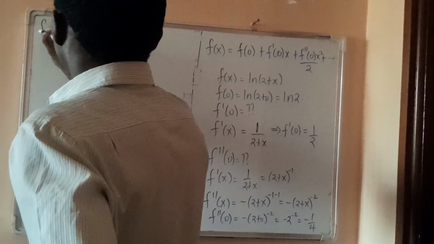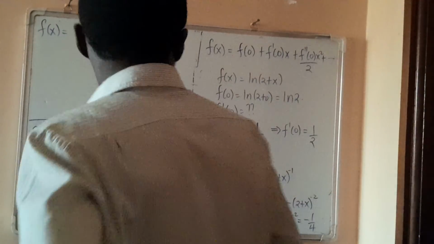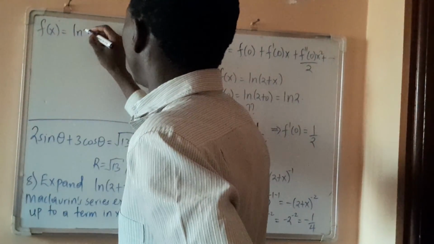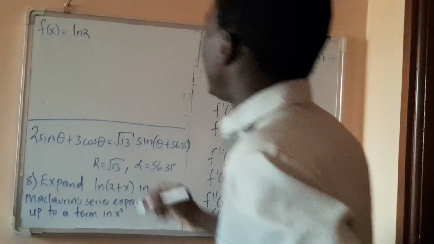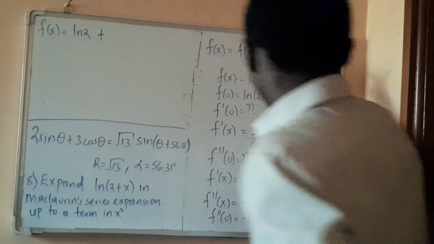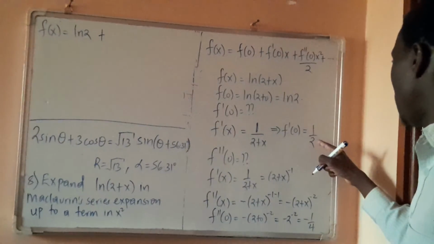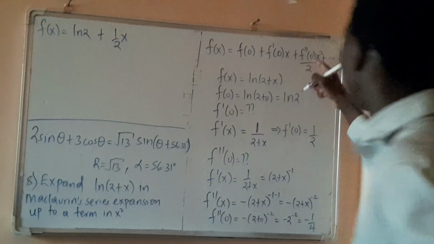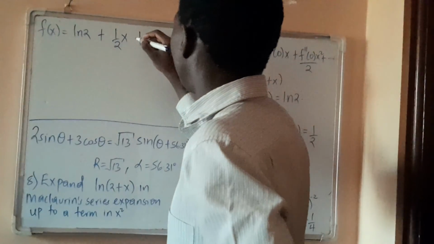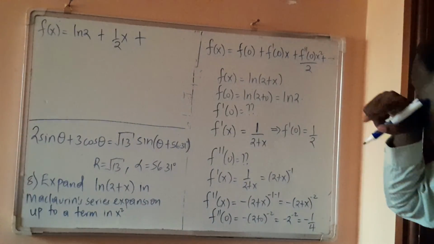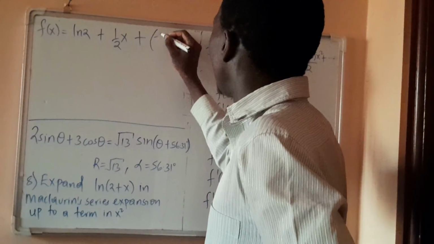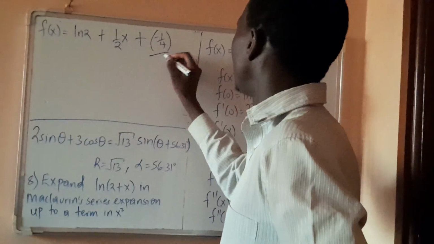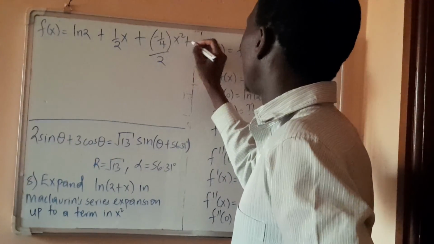So f(x) is equal to f(0), which is natural log 2, plus the first derivative at 0, which is a half, times x, plus the second derivative, negative 1/4, divided by 2, times x squared, plus.